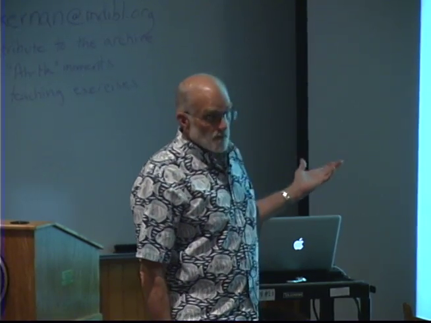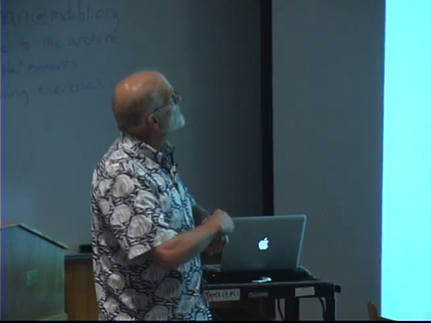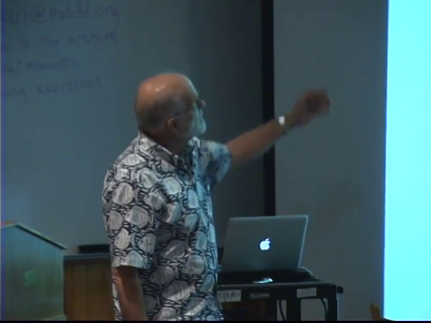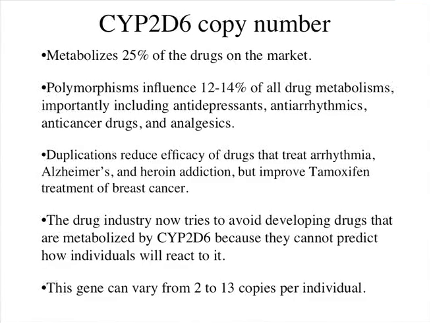I mentioned copy number earlier. This particular one, 2D6, can vary from 2 to 13 copies for individuals. It metabolizes 25% of the drugs on the market. And the individuals taking those drugs have between 2 and 13 copies.